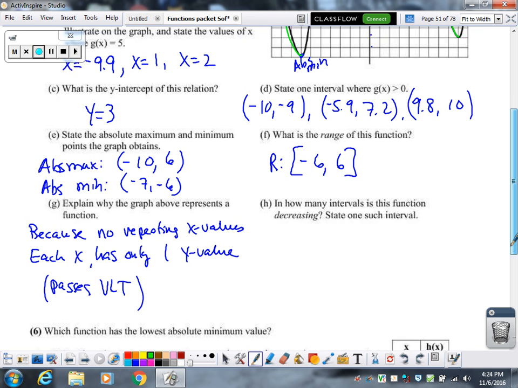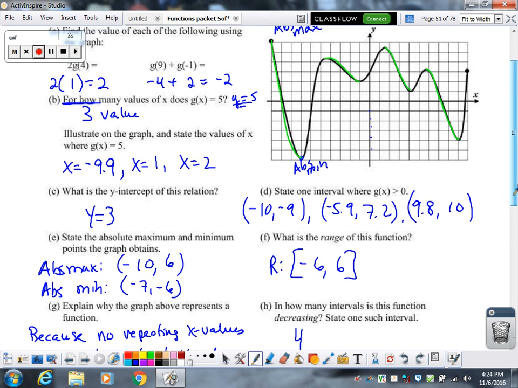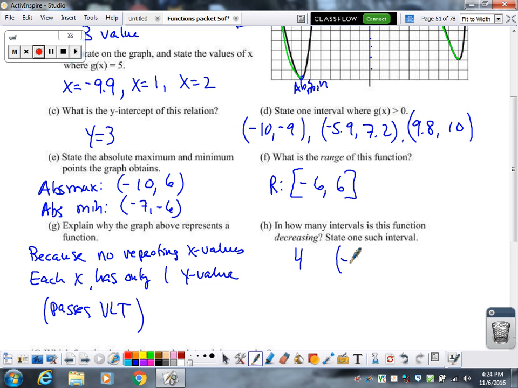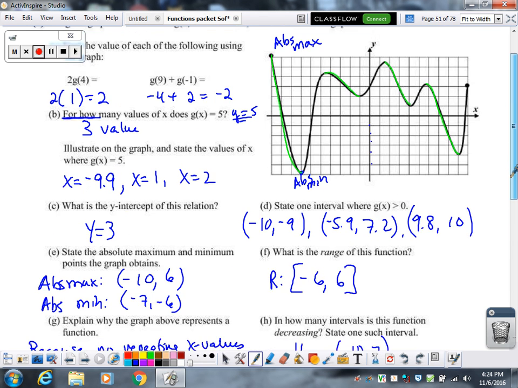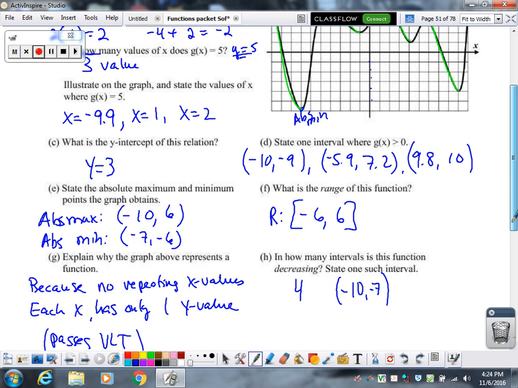There's 4 of them. There are 4 intervals where this function is decreasing. And we can pick any of those intervals. The easiest one probably to pick is the first one from negative 10 to negative 7. It's decreasing. All the other ones look like we have to use some sort of decimals, but that's okay.